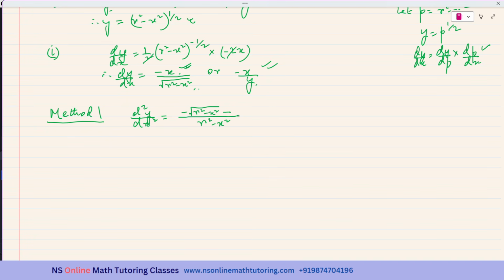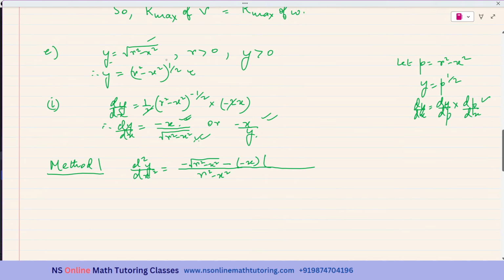and minus u v prime, and v prime is the derivative of square root of r square minus x square, which is y, and we have found the derivative, it is dy by dx. So I'll just copy this expression directly: minus x over square root of r square minus x square.